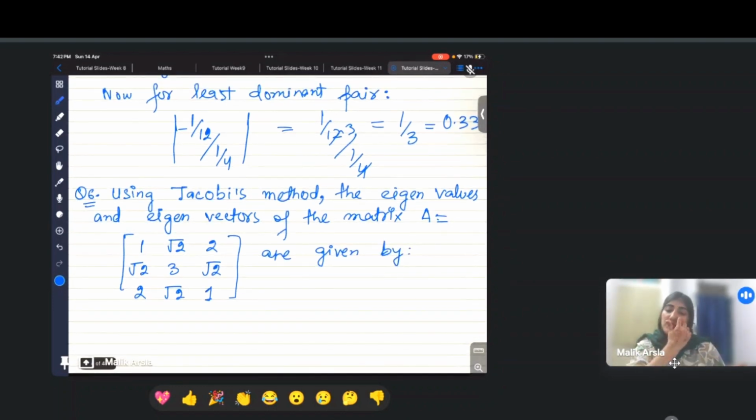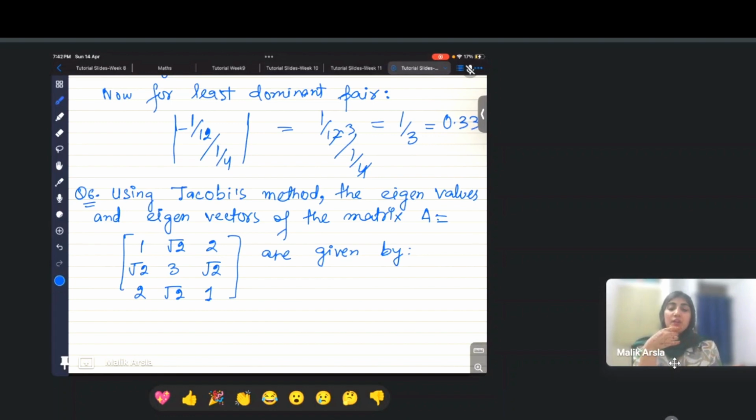So anyone wants to summarize what the Jacobi method does? Actually, I have not gone through these lectures yet. Okay, so Kavita, you? In the Jacobi method, you just take the largest off-diagonal entries and, using a rotational matrix, form something.